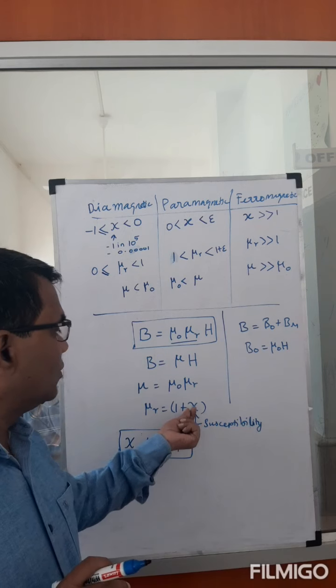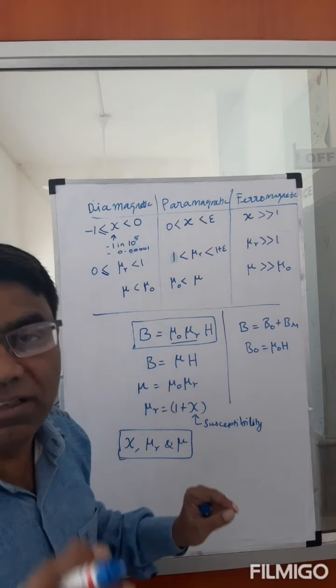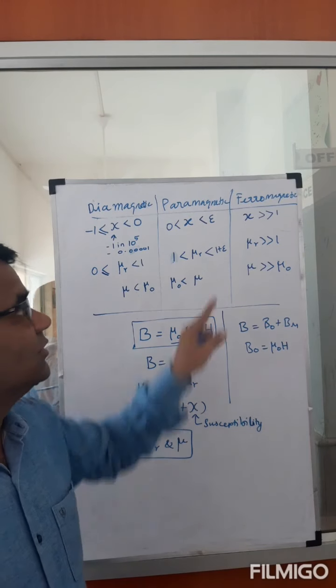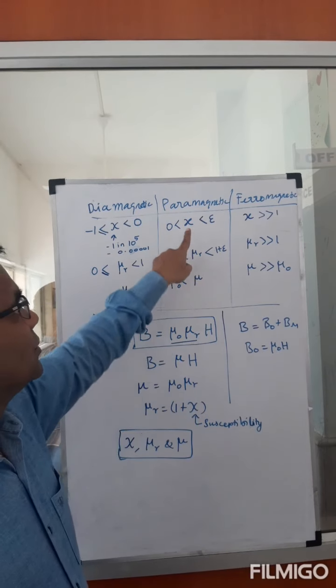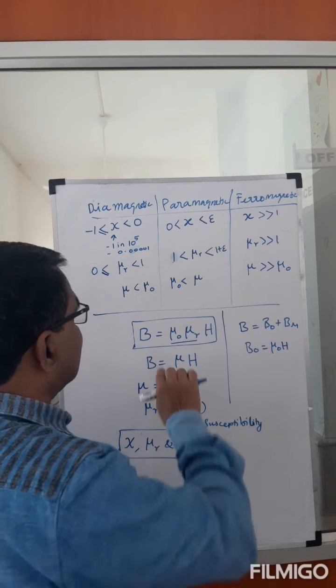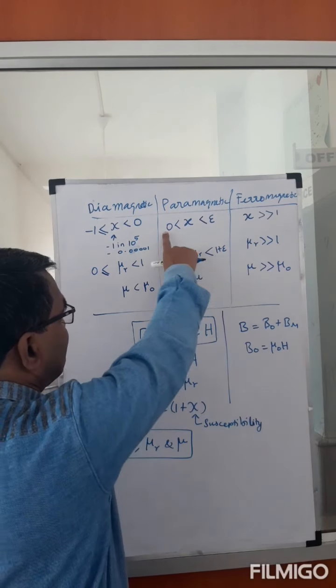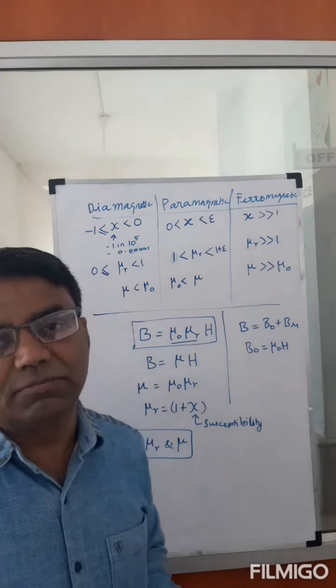This is also a small number, that's why you call it a small epsilon. It is greater than 0 but less than a very small number.